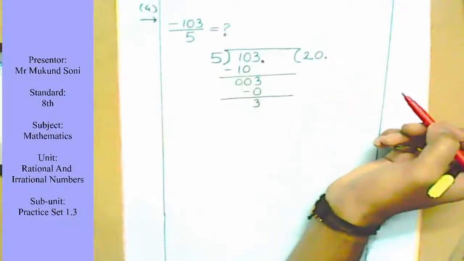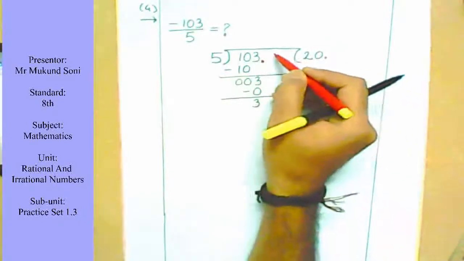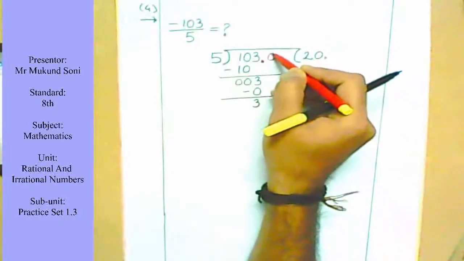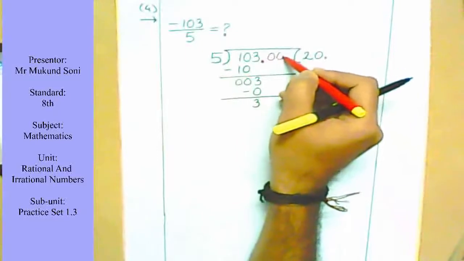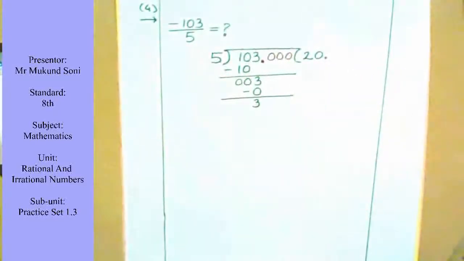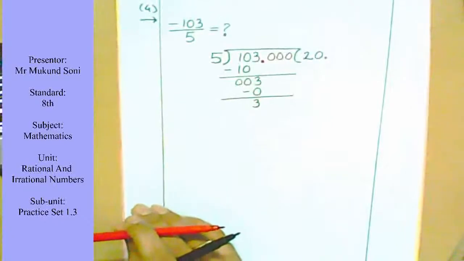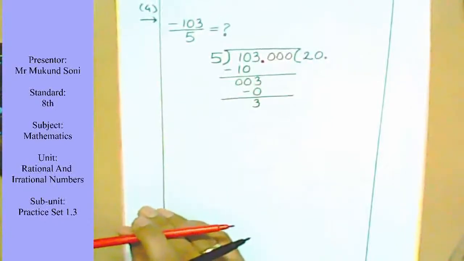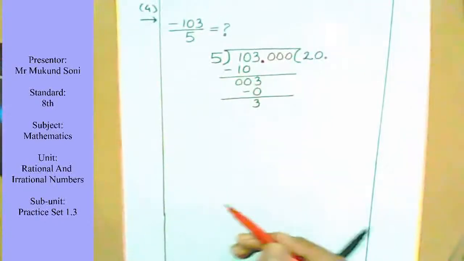Once you place it in both places, add extra zeros after the decimal point. You can put as many zeros as you like. This time I am going to take 3 zeros. There is no specific reason why 3 zeros only. There can be fewer or more zeros, as per your need.